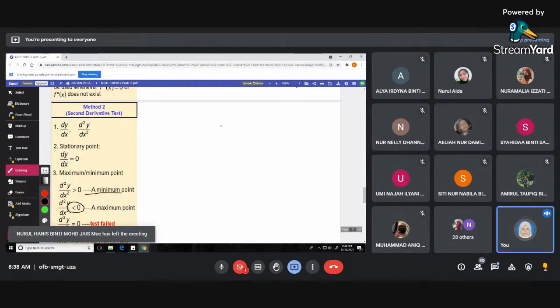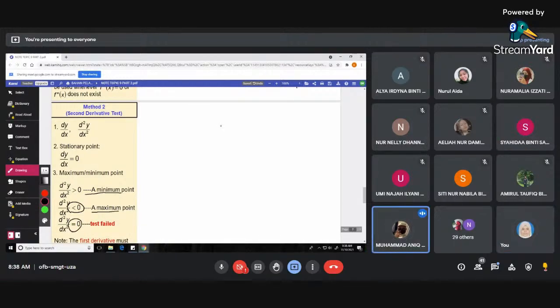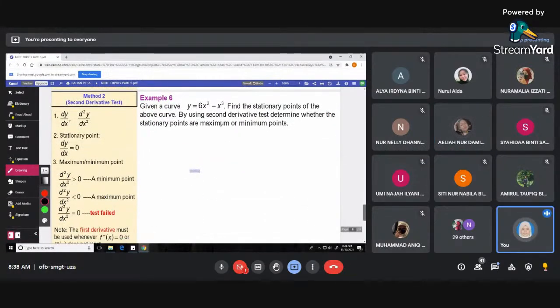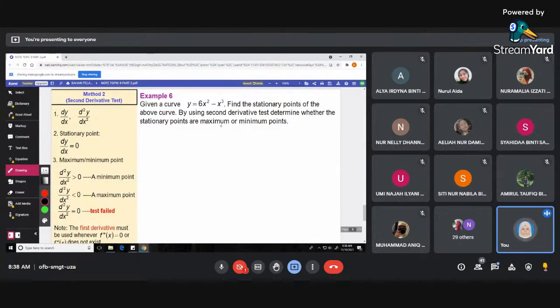Kalau lebih kecil daripada kosong, maximum point. Kalau sama, equal, kena buat apa? Kita kena guna first derivative test. Faham ke tidak? Faham madam. Okay. Ni last example. Bagus you all.